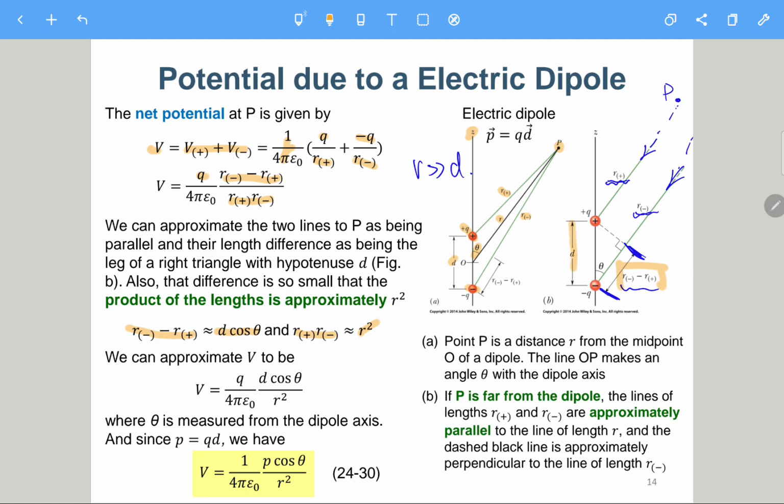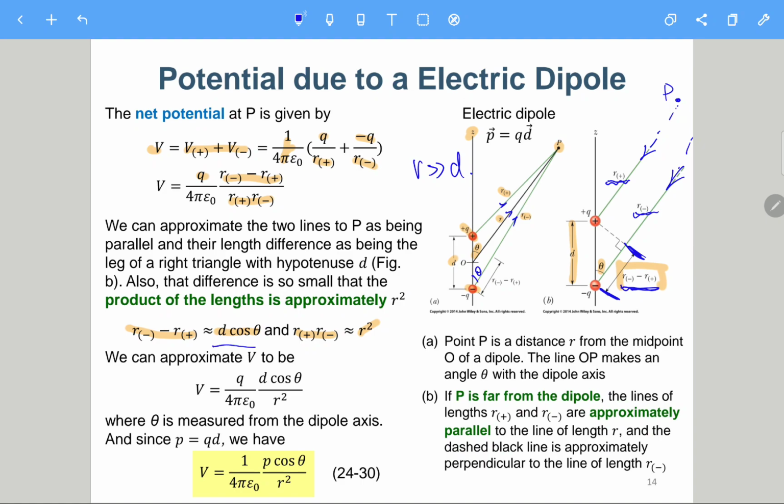So this is D, this is theta, because if we assume that this one is parallel to this one, then this is also theta. So D cosine theta is approximately R minus over R minus R plus.